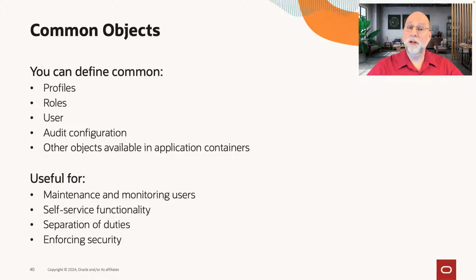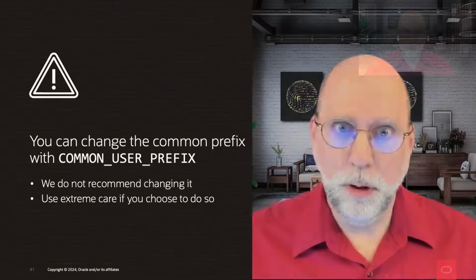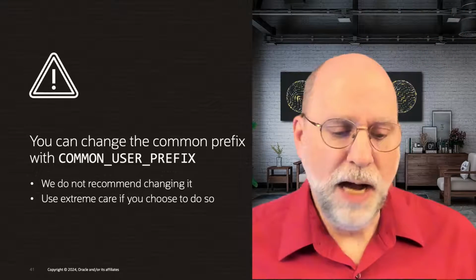So system is going to be too powerful for that. But if you create a common user, you can have that apps admin able to administrate the application across all the containers in the pluggable database, while the security admin is maybe handling your auditing configurations. So a lot of good reasons to use these common users.